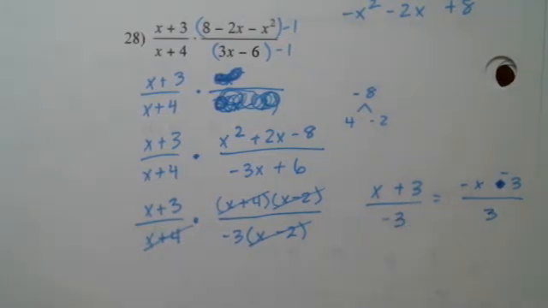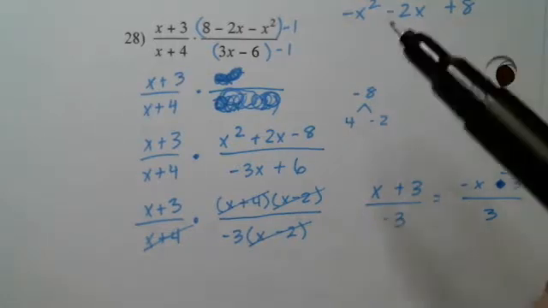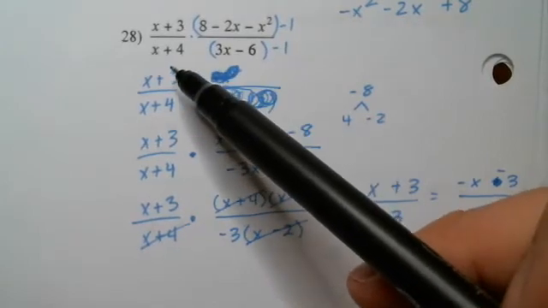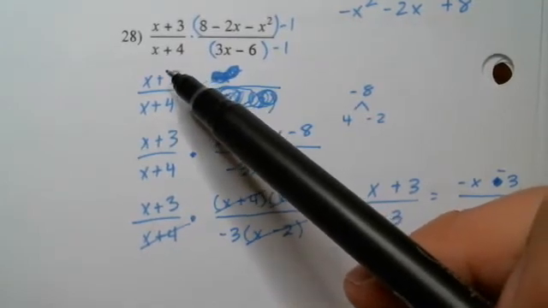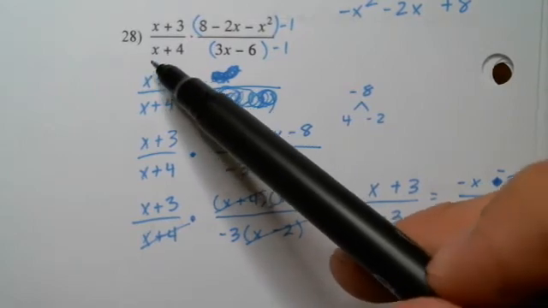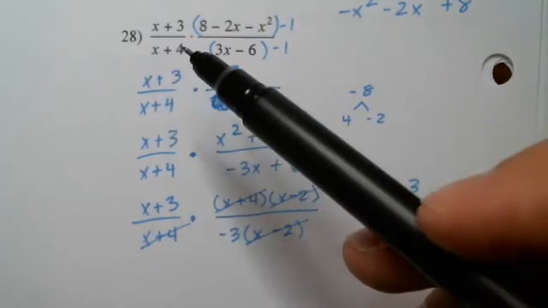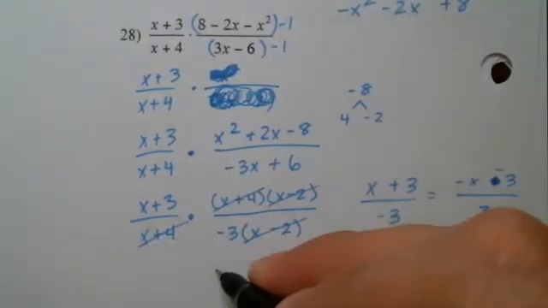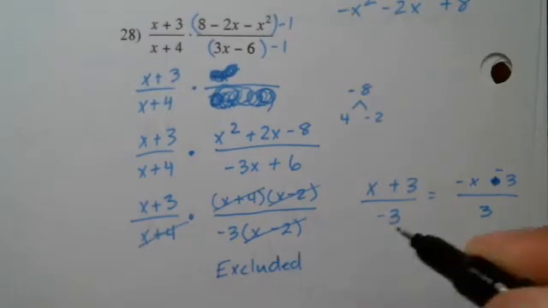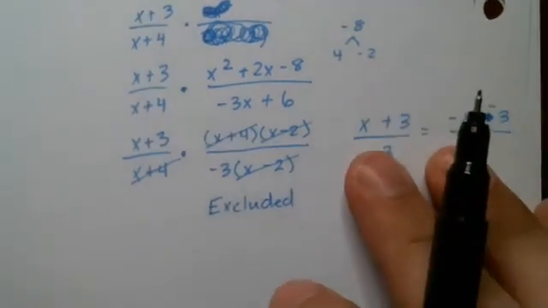And then the excluded values, are those the ones that cancel out? Those are the ones that the denominators cannot be, because if 0 is a denominator, remember, it's undefined. So what does it say for the answer key for excluded values? I assume one of them is -4, right? -4 and 2. Okay. So remember, for excluded, set your denominators to 0.